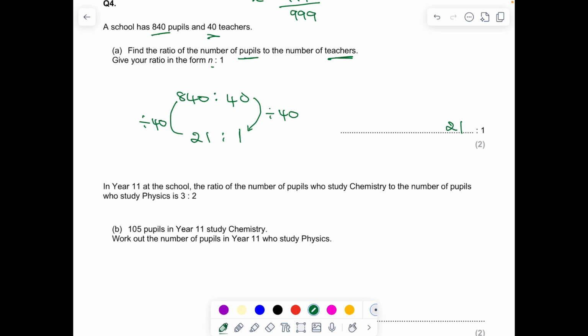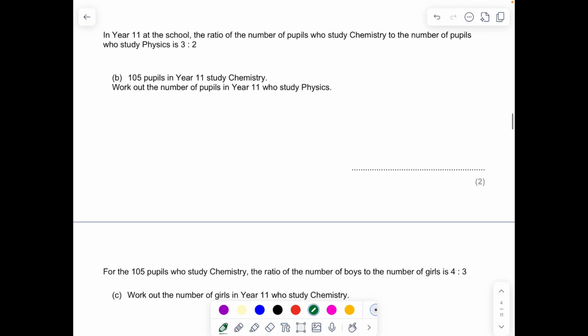Next, so we know how many people study chemistry. So the ratio is 3 to 2. So that's chemistry to physics. We know that 105 students study chemistry.